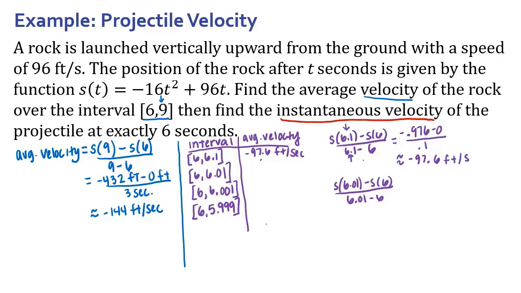So when I go to find this one, I'm going to get about negative 0.9616 all divided by 0.01, which is about negative 96.16 feet per second. So we can see it looks like it's starting to kind of get closer to 96, but let's keep on going just to make sure.